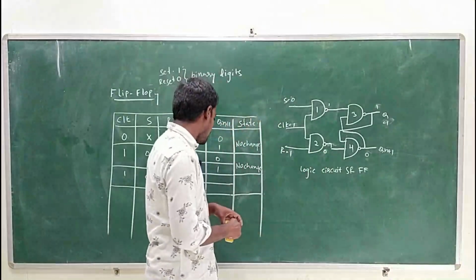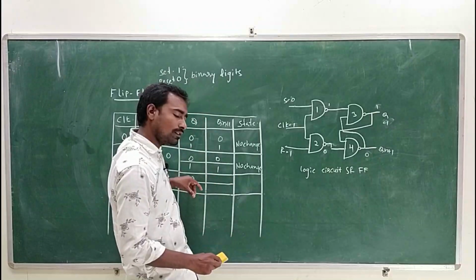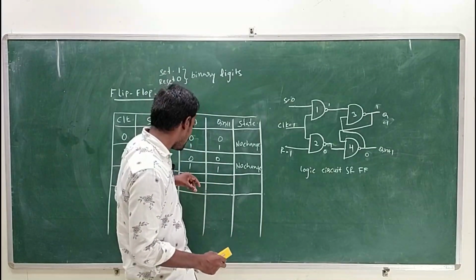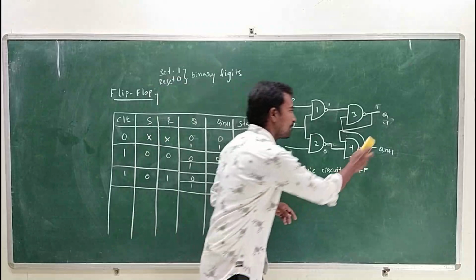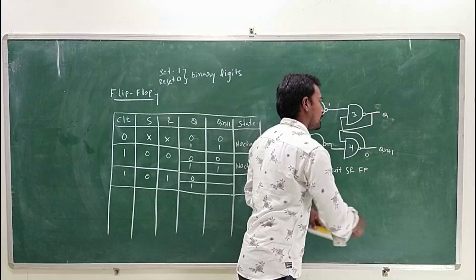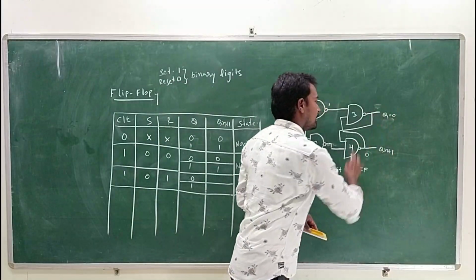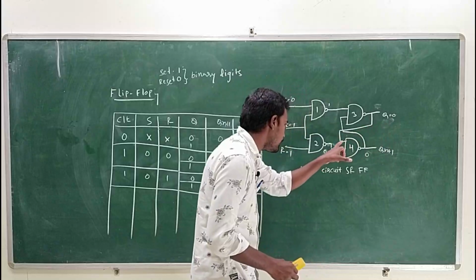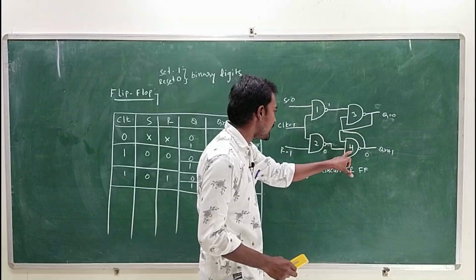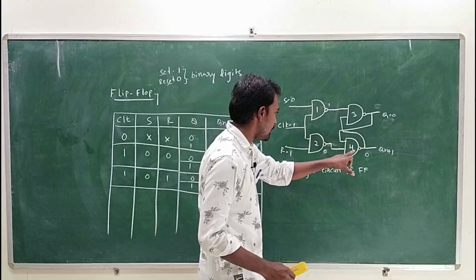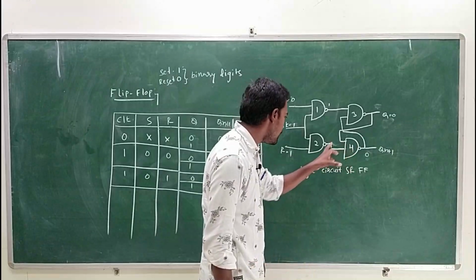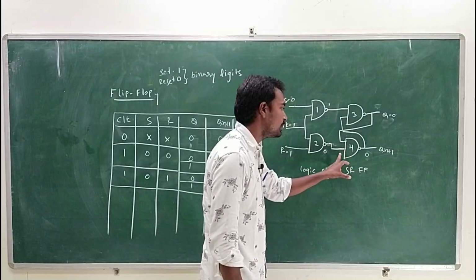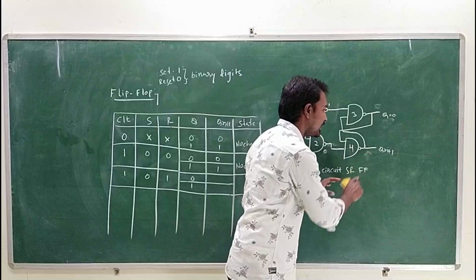And if I am taking Q equal to 0, that means present state output equal to 0, that 0 will be given to the fourth NAND gate as an active low input, and 0 cross 0 equal to 0, 0 complement 1 here.